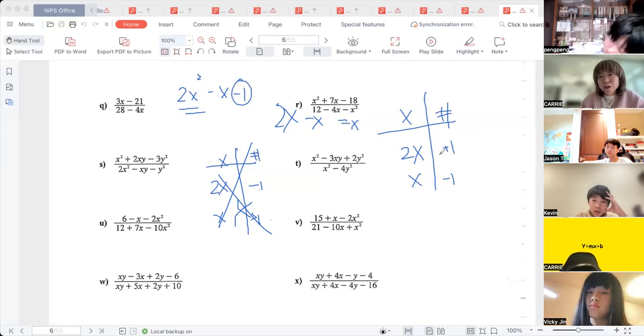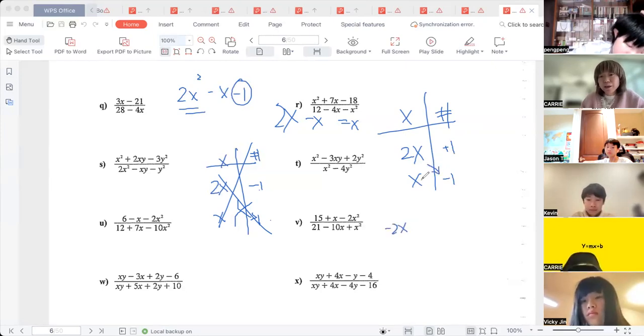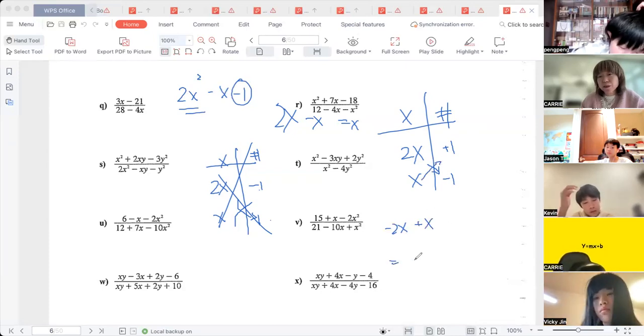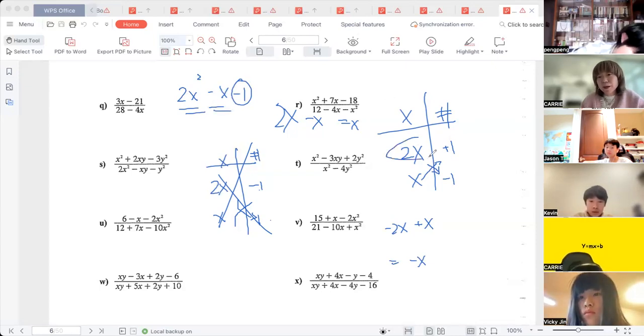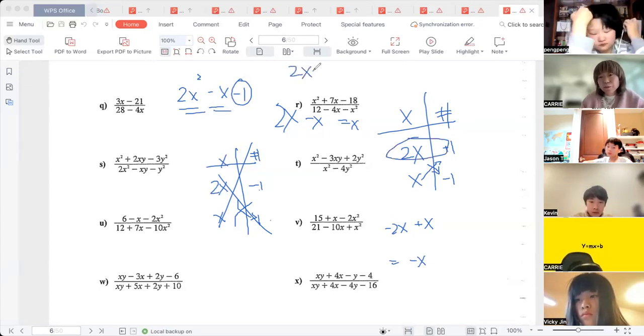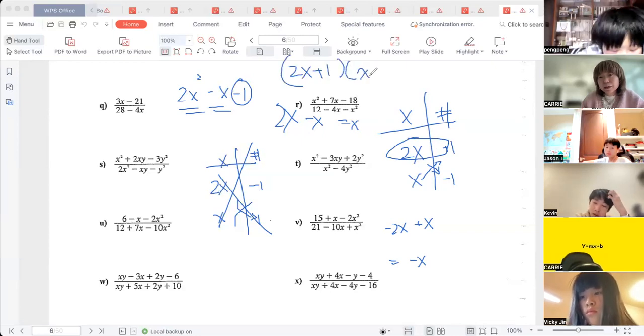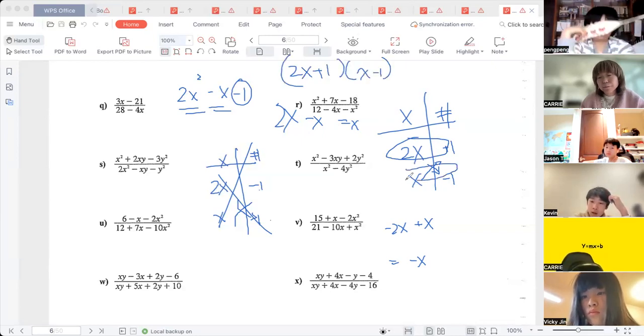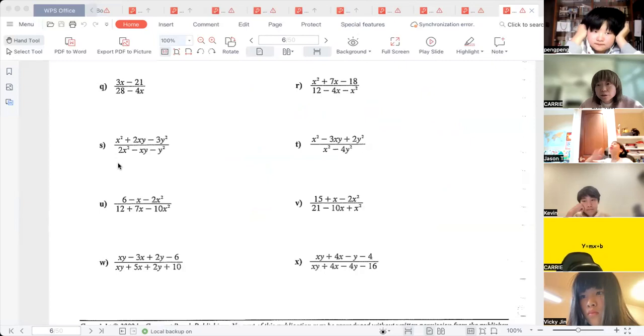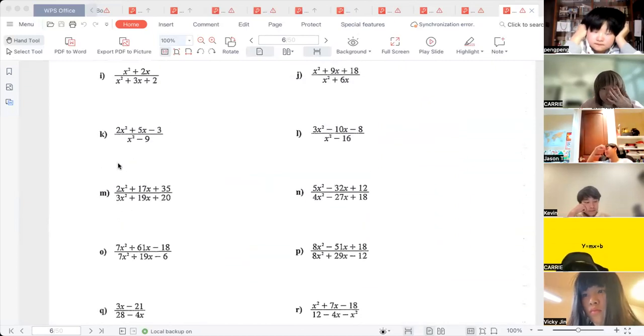But if you cross multiply them, 2x times negative 1 equals negative 2x, and x times 1 equals positive x. So negative 2x plus x equals what? Equals negative x. So you get the answer right. So that's why you do it (2x plus 1) times (x minus 1). Get it, everybody? Okay, Jason 疯了.